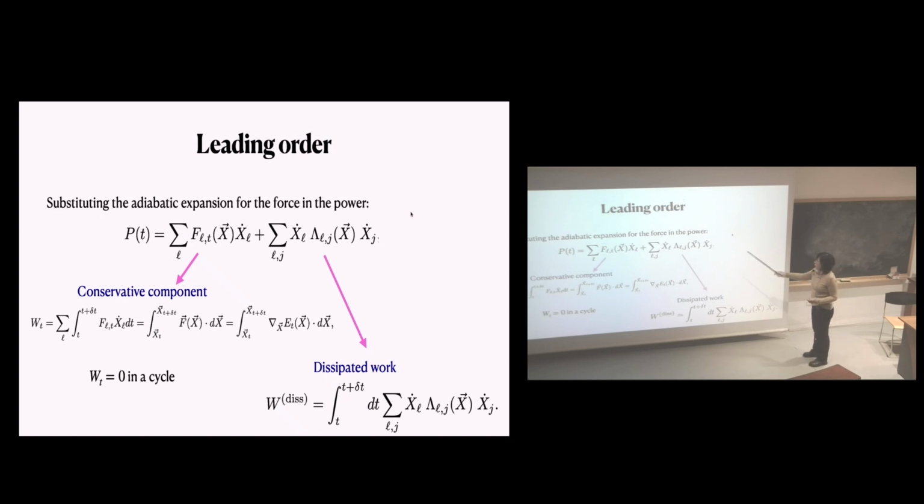Instead, this other part is the one which describes the dissipation. So we are arriving at the point of this lecture. This term is bilinear and depends on all the details of the trajectory.